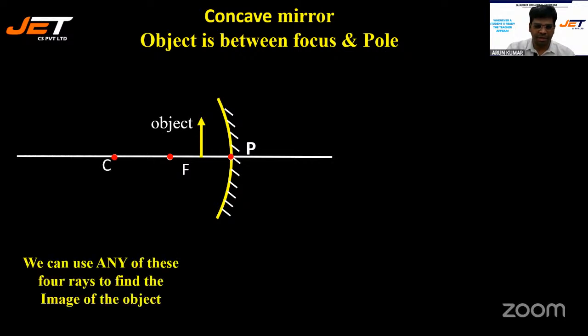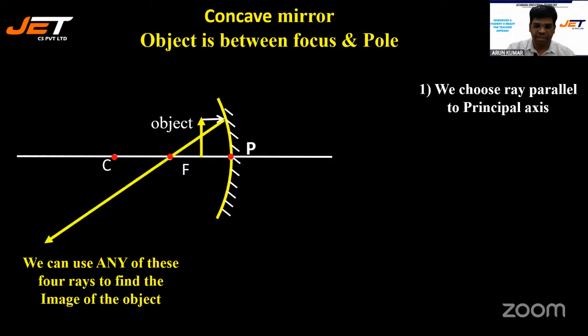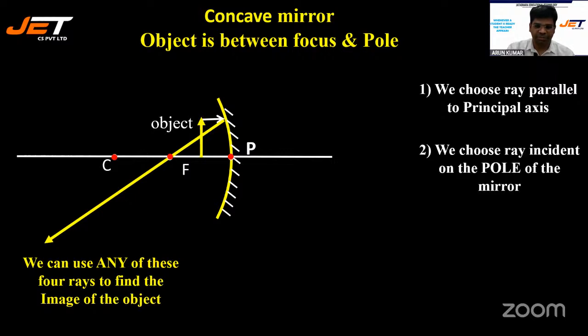I'll draw a ray parallel to the principal axis that passes through the focus on reflection. The other ray I'll choose hitting the pole. Yes, Sahasra is right. Reddy is right. Another ray hitting the pole of the mirror gets reflected symmetrically with respect to the principal axis.